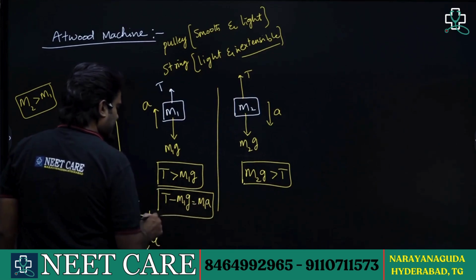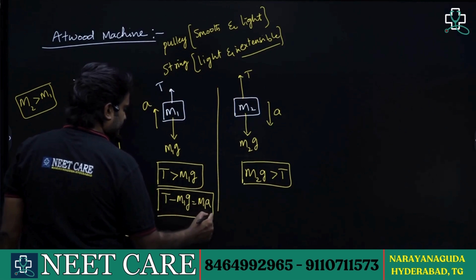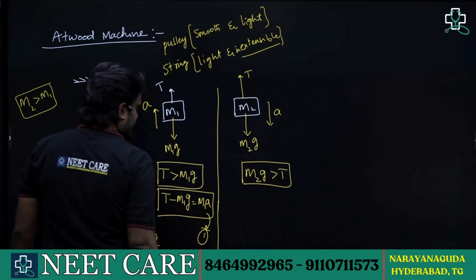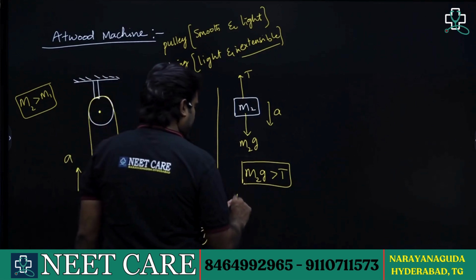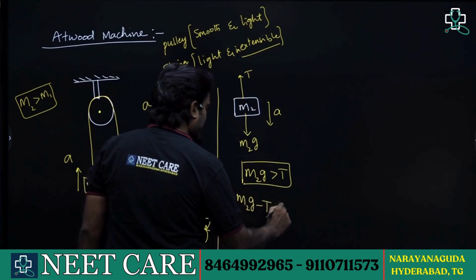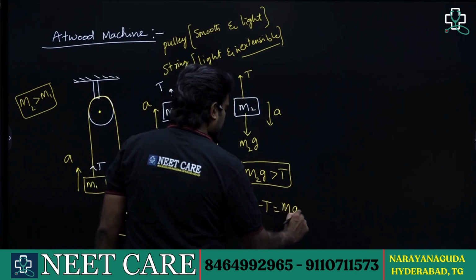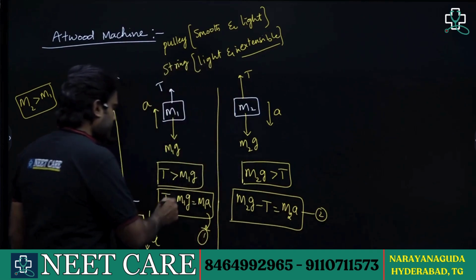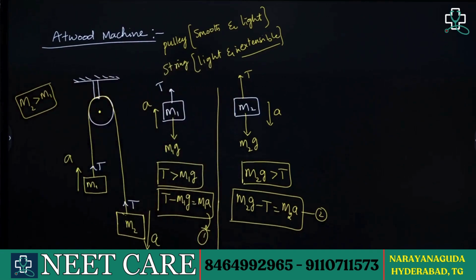So take this as the first equation. And again here M2G minus T is equal to M2A. This is the second equation. Check it out. First equation and second equation: T minus M1G is equal to M1A and M2G minus T is equal to M2A.